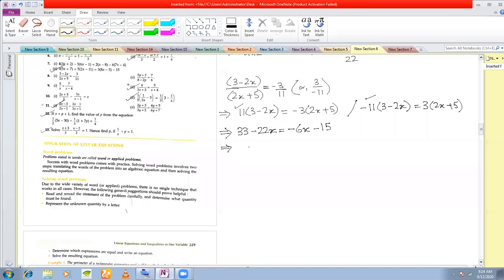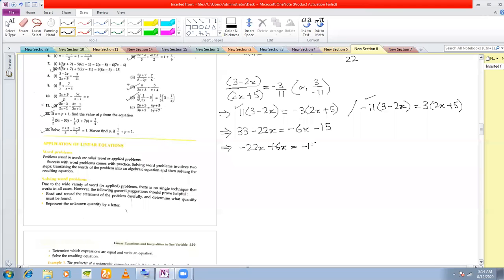Next, you take all the x's on the left hand side. So minus 22x is already on the left hand side, nothing to do here. You are bringing minus 6x from the right hand side to the left hand side, so this becomes plus 6x.